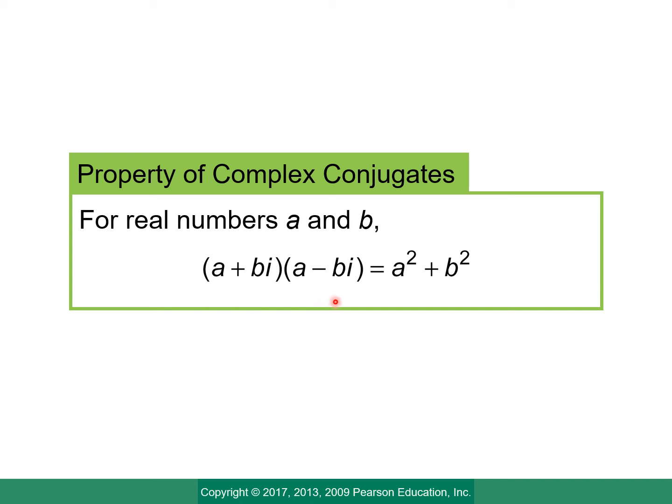The two terms in the middle of the multiplication or FOIL process will go away, and so you won't have anything in the middle here. They'll add up to 0. So you can skip that if you know that that's what you're working with, and you can say a squared plus b squared is this result. But only when you're dealing with complex conjugates. So be careful. If it's not complex conjugates, then don't skip anything. Just FOIL it the regular way.